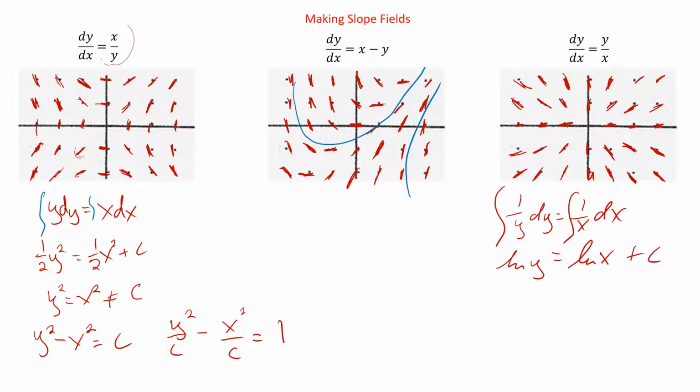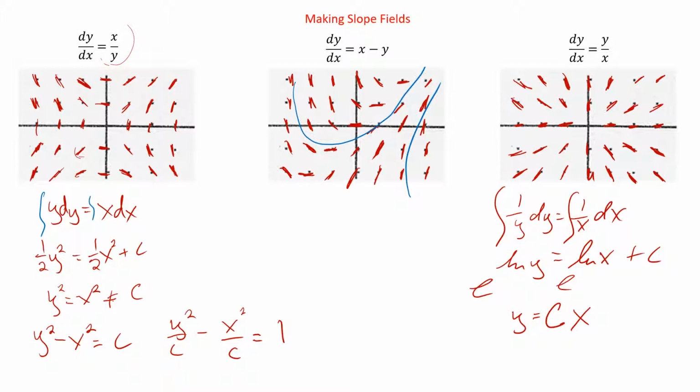We can go e to the power. So we'll get y equals e to the ln x plus e to the c. We're still going to have that constant, times e to the natural log x is just x. This is y equals some number times x.